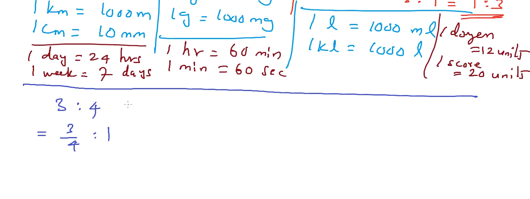Or divide each term by 2, then it will be 3/2:2. So all three represent the same ratio.